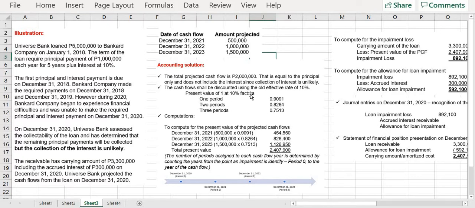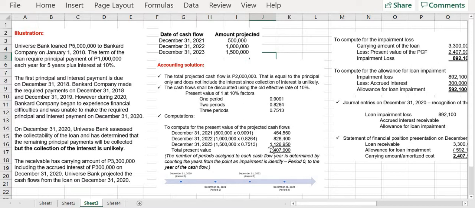So, computations natin, syempre, the cash flow on December 31, 2021, gamitin natin yung present value factor for 1 period. Okay? Ayan. 0.9091. Okay? Ito yung present value niya. As well as, for the cash flow on December 31, 2022 na 1 million, yung gamitin natin is 2 periods naman. And then for 2023, that's 3 periods.